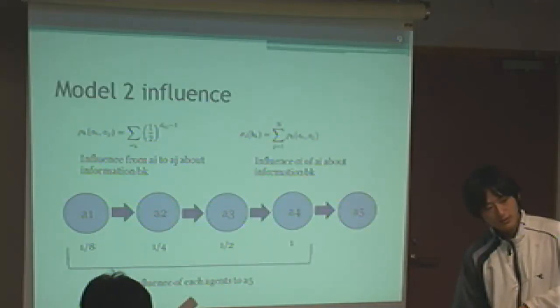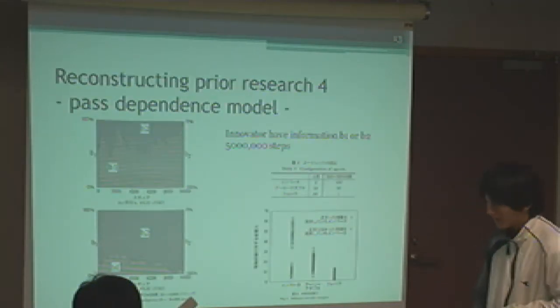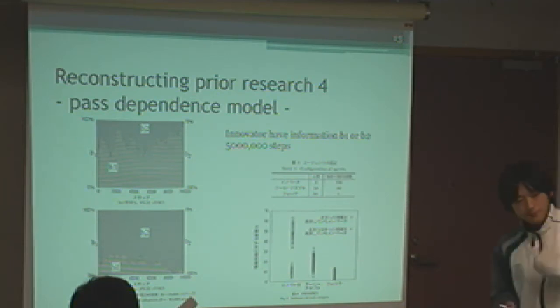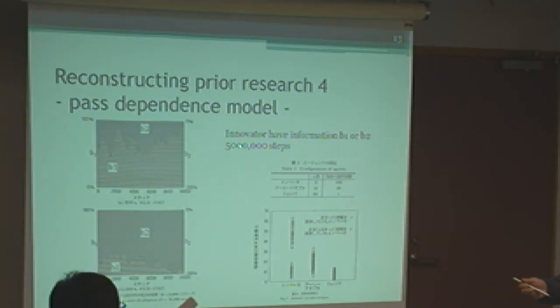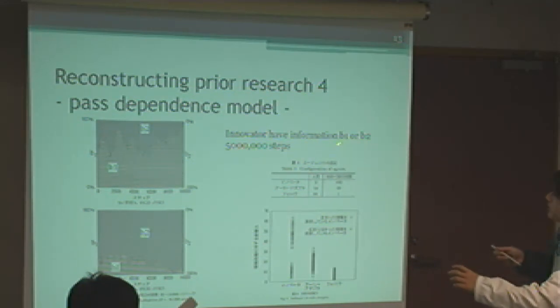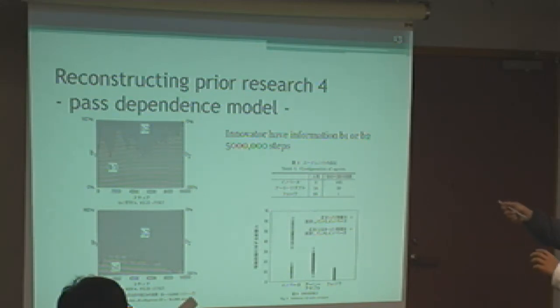Like the innovator and early adapter have both information of B1 and B2. In this simulation, there are 2 innovators, and one of the innovators has information of B1 only, and the other innovator has the other information.